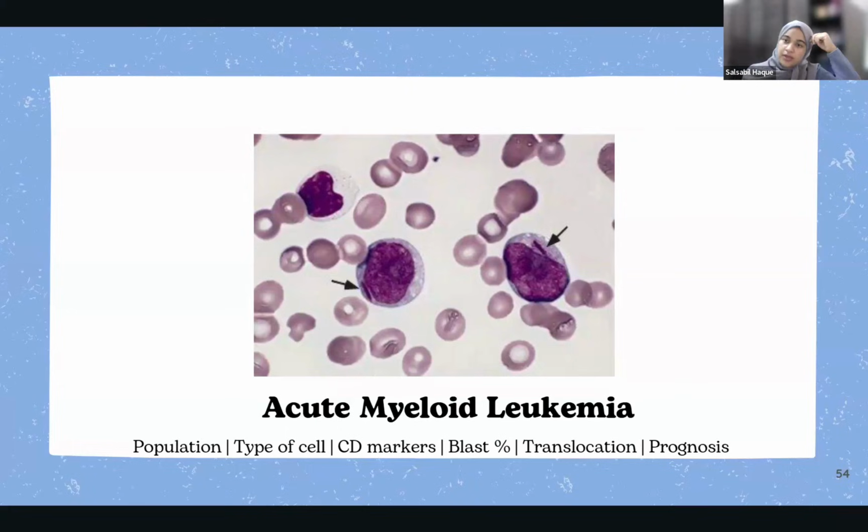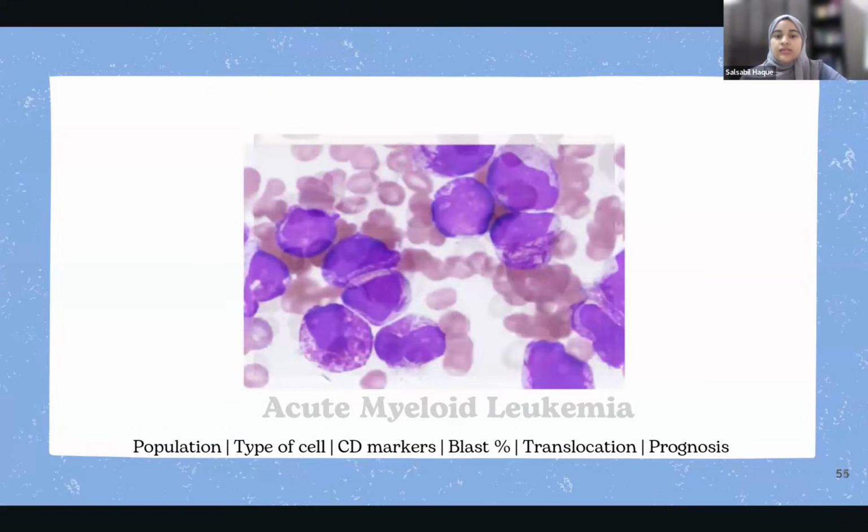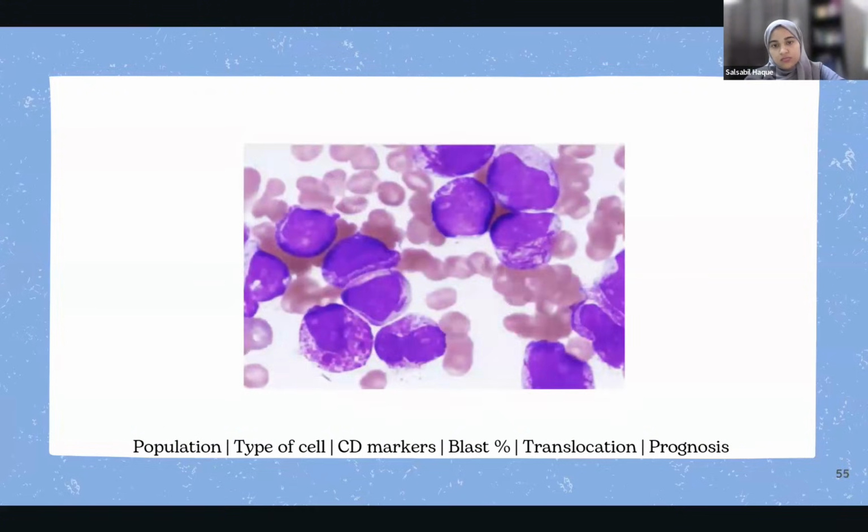Now, speaking of 15;17, what does this indicate? So this is acute promyelocytic leukemia. Acute promyelocytic leukemia happens as a result of the 15;17 translocation, as I mentioned, and it involves PML and RARA.